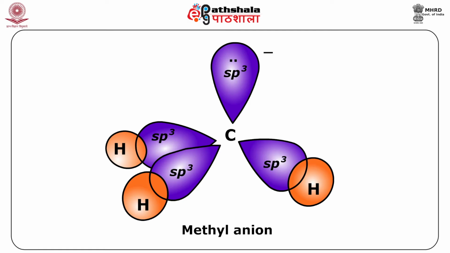The stability of the carbanion is directly related to the strength of its conjugate acid. The weaker the conjugate acid, the greater the strength of the base in the form of carbanion, and the lower the stability of that carbanion. In this figure you can clearly see the hybridization of carbanion and its structure.